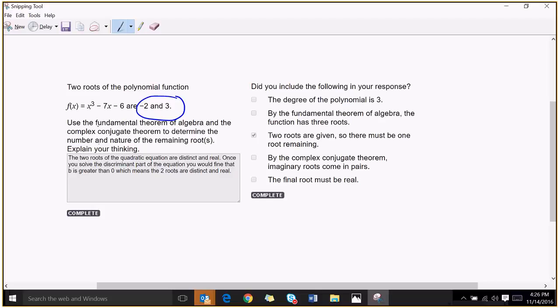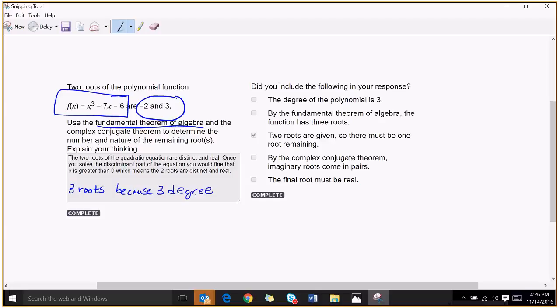The fundamental theorem of algebra tells me how many roots should I have in this function? 3. I should have 3 roots because it's to the 3rd degree, correct? Yes. So that's what the fundamental theorem of algebra tells me.